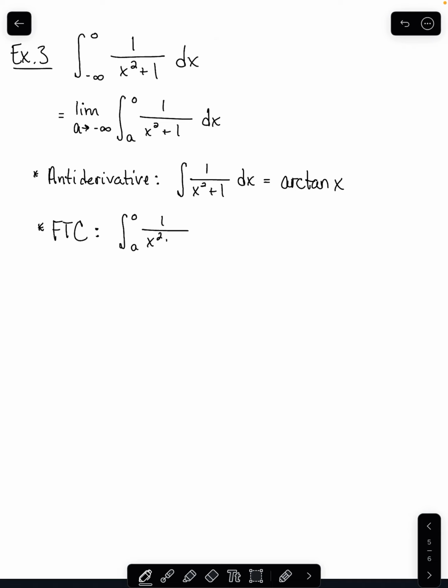So our definite integral from a to 0 should then be the arctangent of x evaluated at 0 minus the arctangent of x evaluated at a.